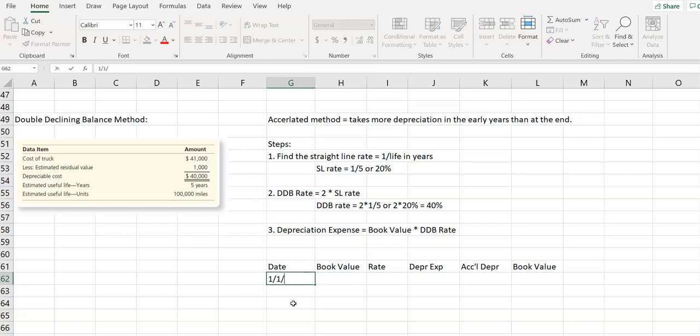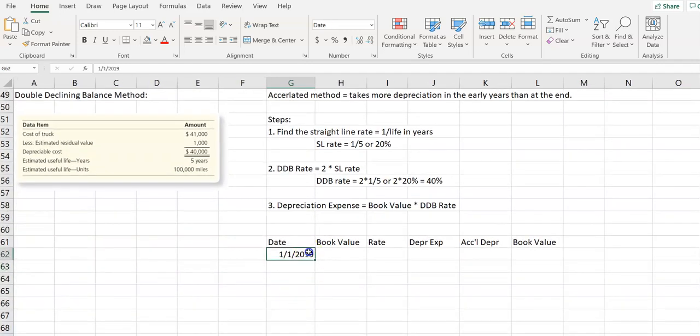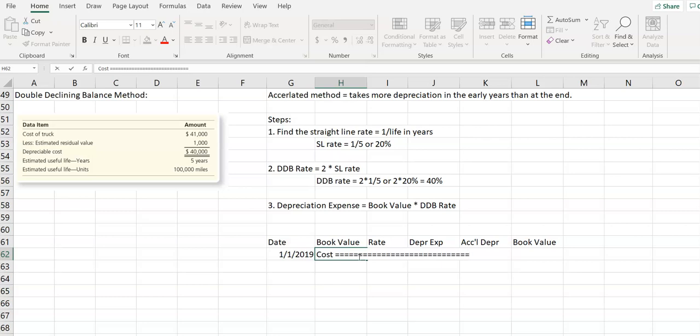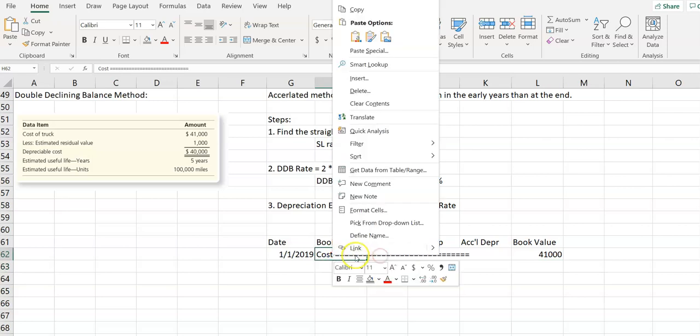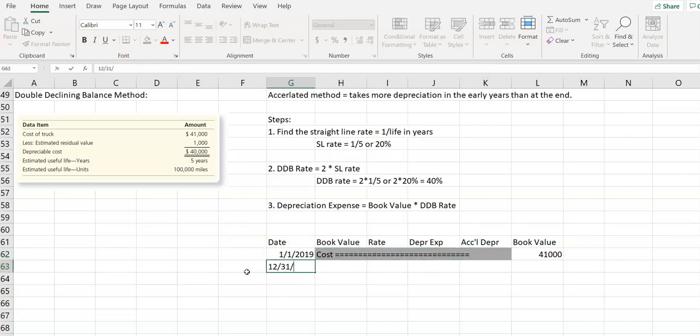When we bought it 1/1/19, its book value basically is its cost. So remember, don't write anything here. On the day that you buy it, its book value is its cost. At December 31st of 2019, at the end of the first year, its book value is still what you paid for it.